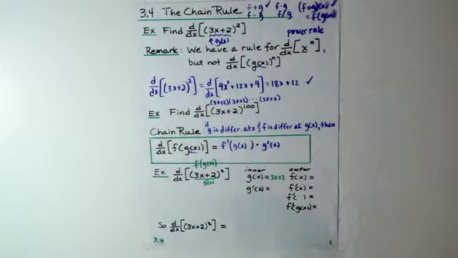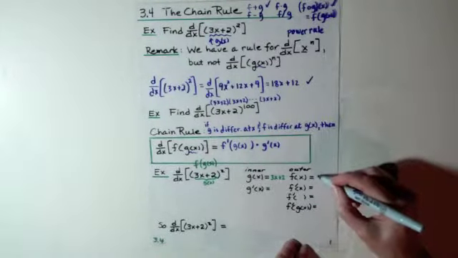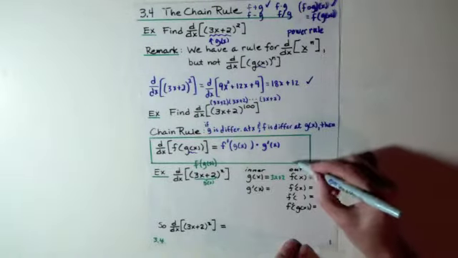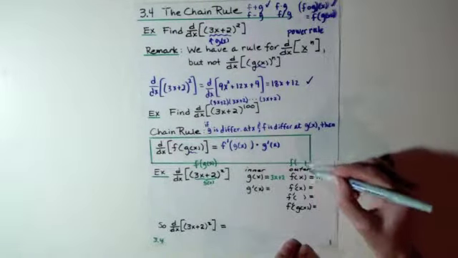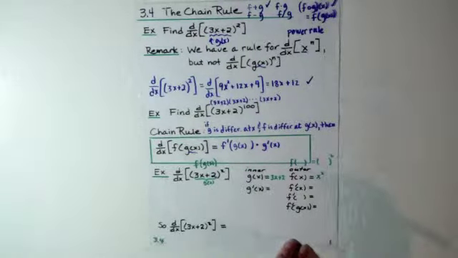We've done this process of pulling two functions apart. The outer function would have to be x squared. And if you're not sure, remember you can always write your outer function with empty parentheses. F of whatever I throw in is whatever I throw in squared.